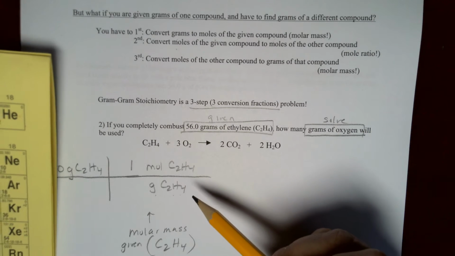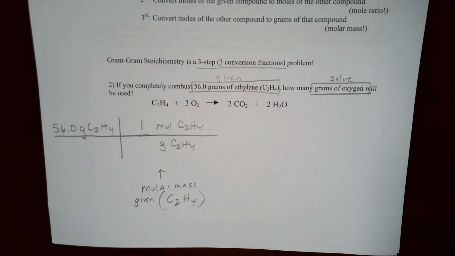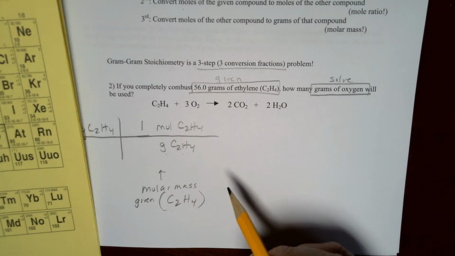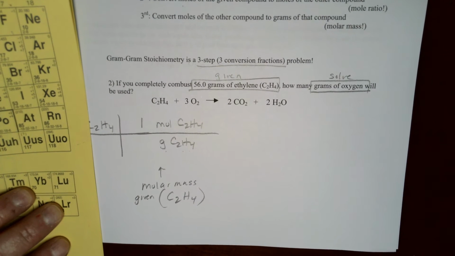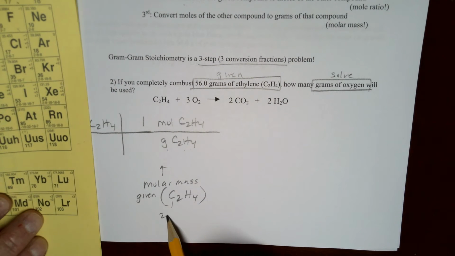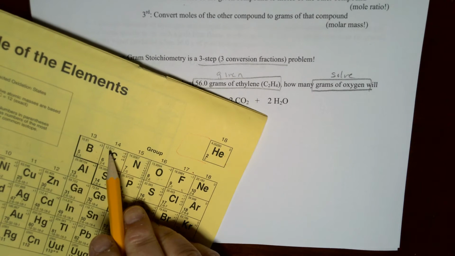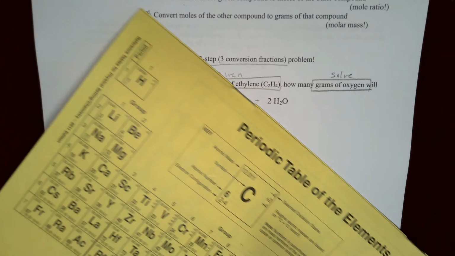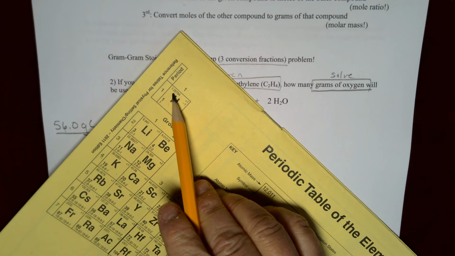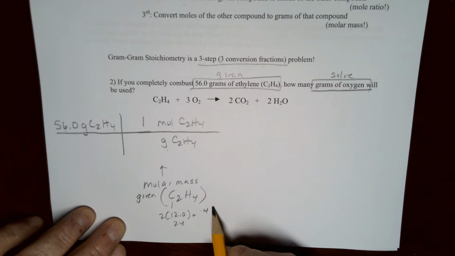So I have to do a little side work right here. Okay, so a little side work. I'm trying to fit it all in here. 2 carbons, each at 12.0. And I've got 4 hydrogens at 1.01.